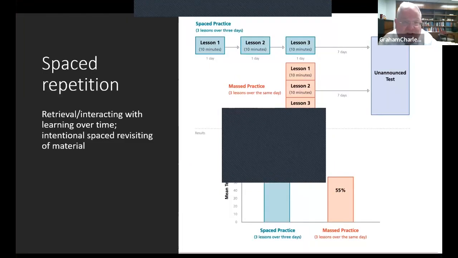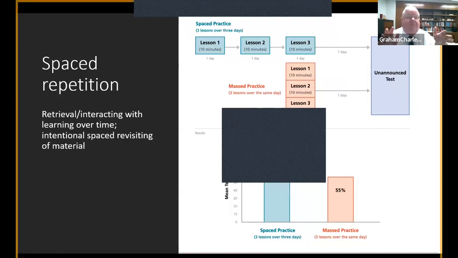Spaced repetition, and again, this idea that repetition alone is not bad, but doing it over time and being intentional in spacing it out makes a huge difference.